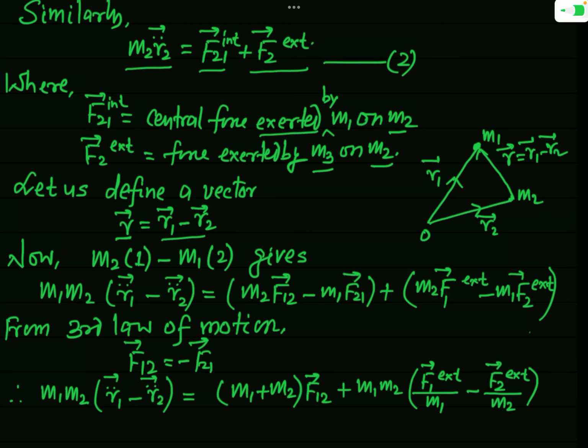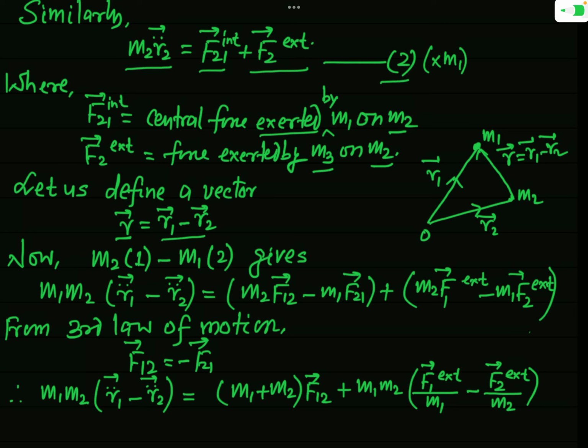So what I was telling, we have to multiply equation 1 by M2 and equation 2 by M1. And after that, we simply subtract equation 2 from equation 1.